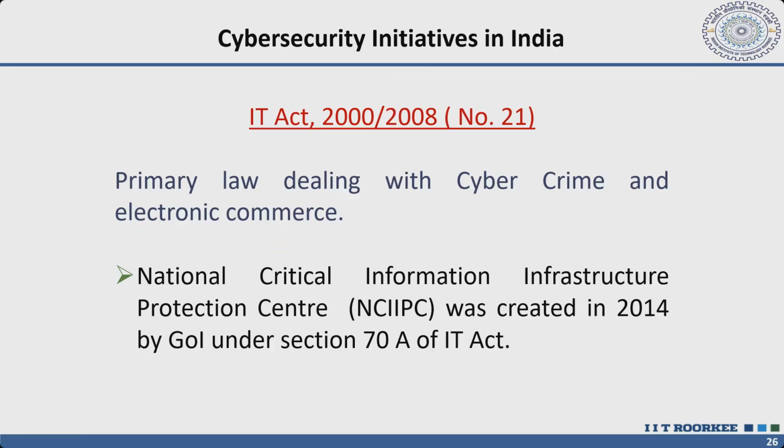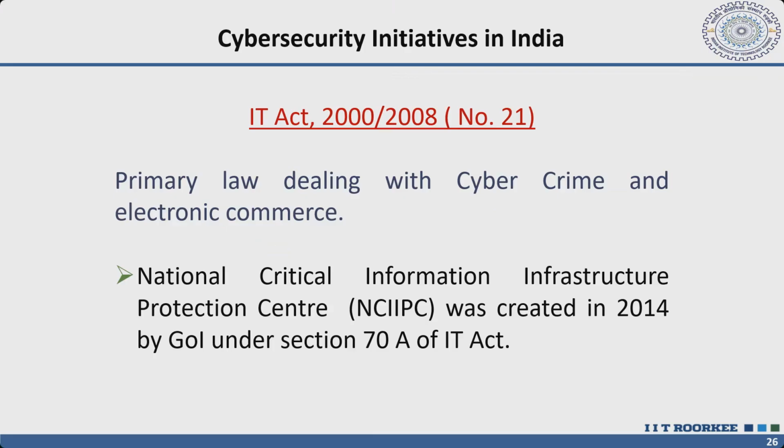Now what is the government doing? The government came with the IT Act, started in 2008, and formed an organization in 2014, known as the National Critical Information Infrastructure Protection Centre, NCIIPC. It was established in 2014 under IT Act 70A.